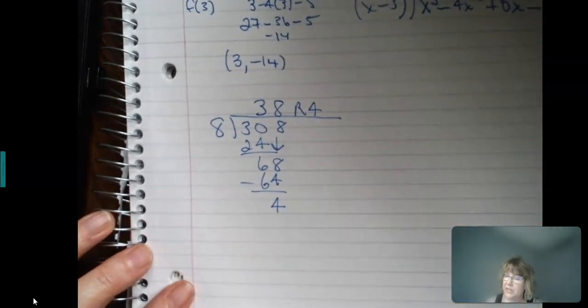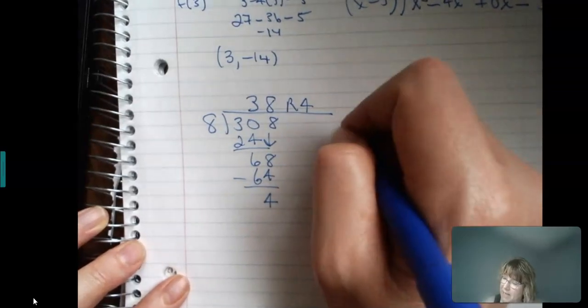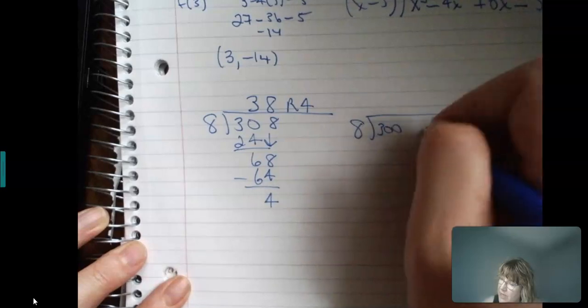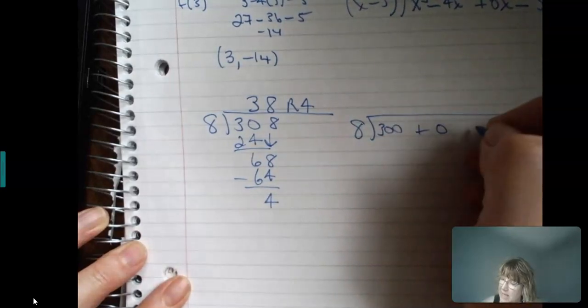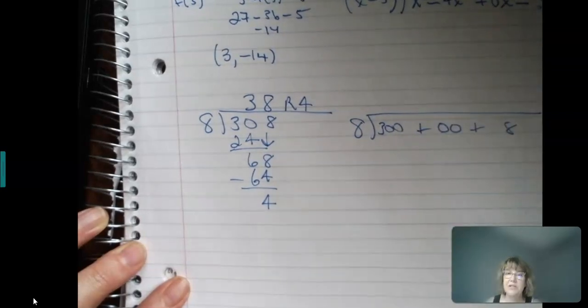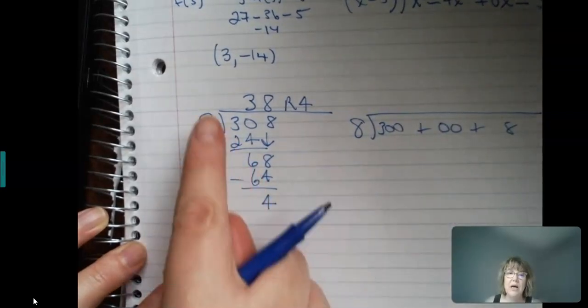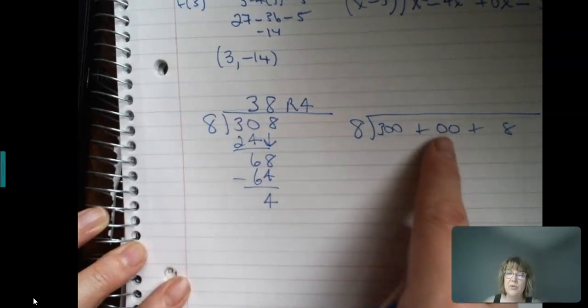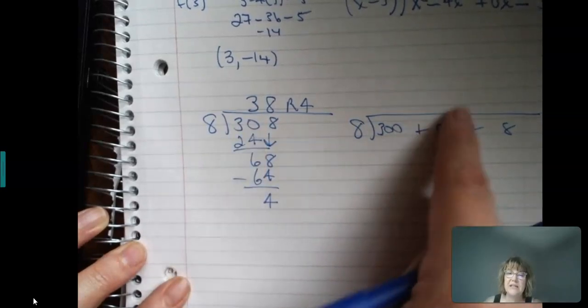Now, what you're really doing here, you might not see it, so I'll write it out. This is really 300 plus 0 tens plus 8. When you put the 3 above here, you're really saying that's 30, the tens unit.